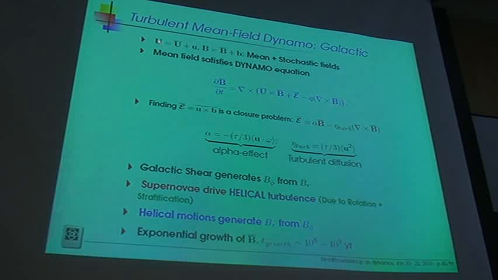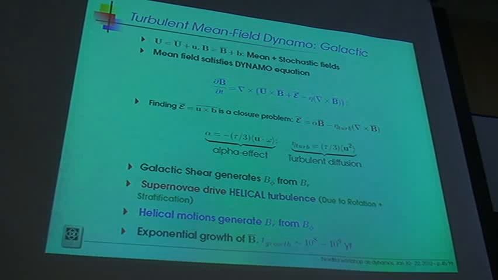What we did was to break up the velocity field into a mean and a fluctuating part, and similarly the magnetic field into a mean and a stochastic component. And we discussed yesterday, and Karl-Heinz has been emphasizing this in all his lectures, that when you try to write down a mean field dynamo equation, this script E, called the turbulent electromotive force, is the average of U cross B, and finding that is a closure problem.